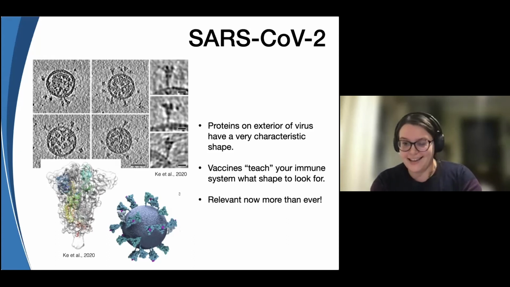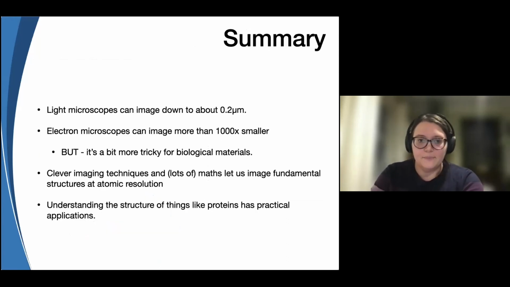So like I say, it's kind of more relevant now than ever to be able to see particular biological structures at really high resolution so that we can detect any changes like this. So like I say, in summary, we've sort of discussed that light microscopes can image really small things, definitely smaller than a cell, but electron microscopes can do it even better or at even higher resolution.